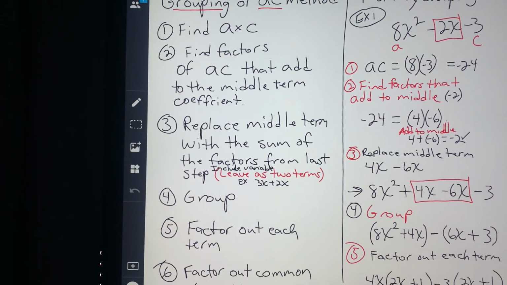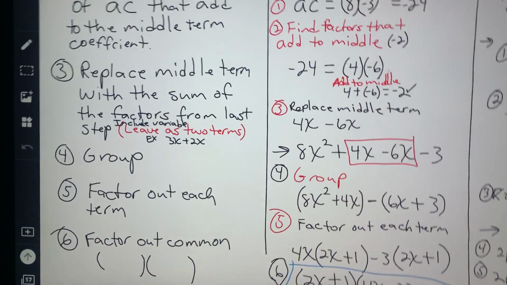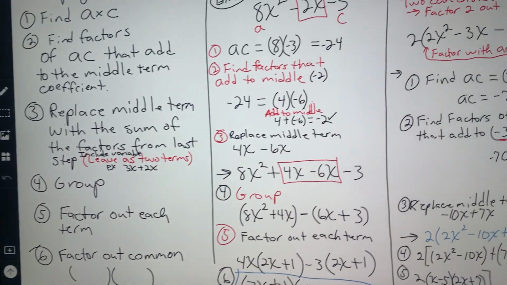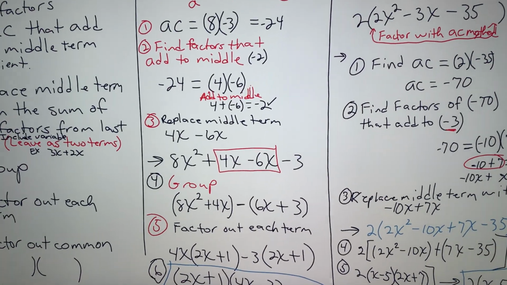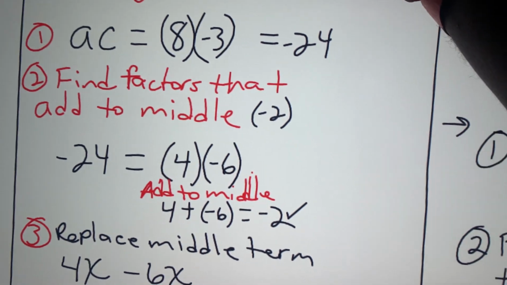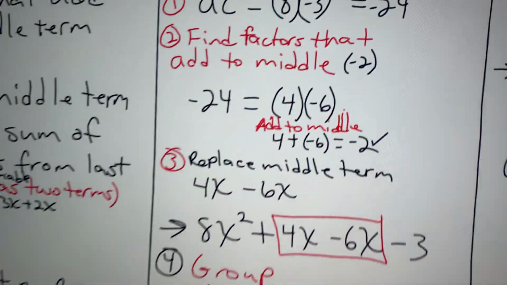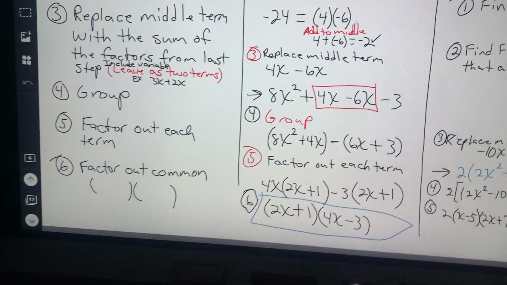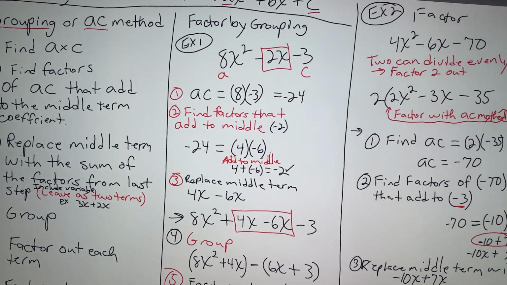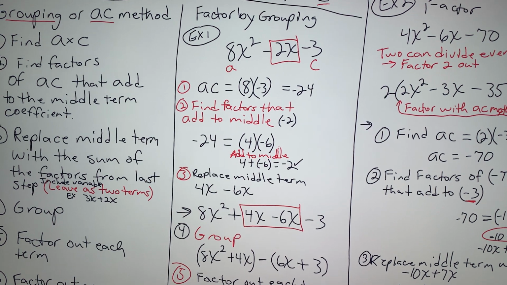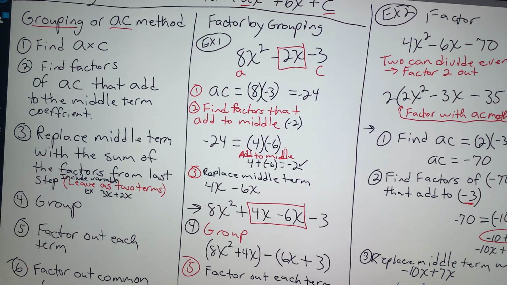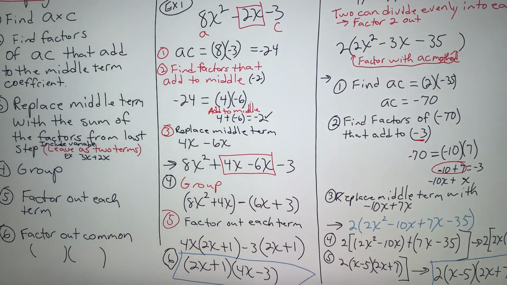So we find A times C. A times C is whatever is in front of your x squared. So just like we have it here, ax squared plus bx plus c. Those are where you find A and C. So in the example that I have here, we find AC, which is 8 times -3, which is -24.